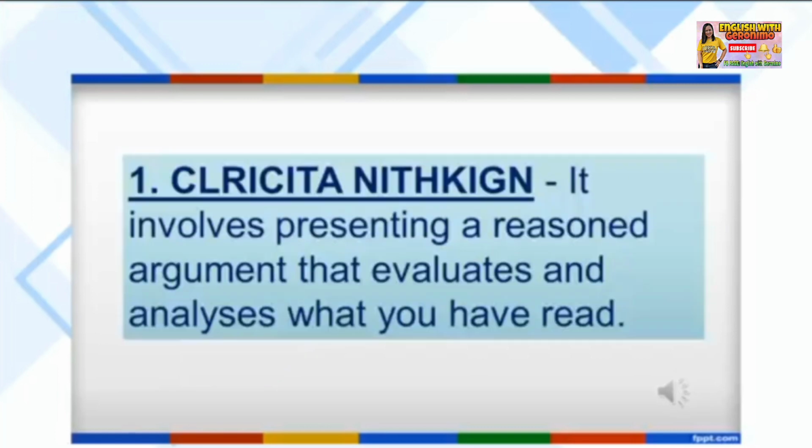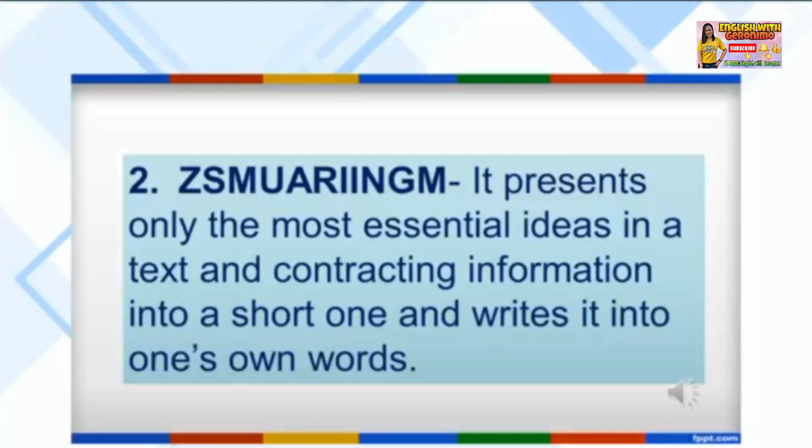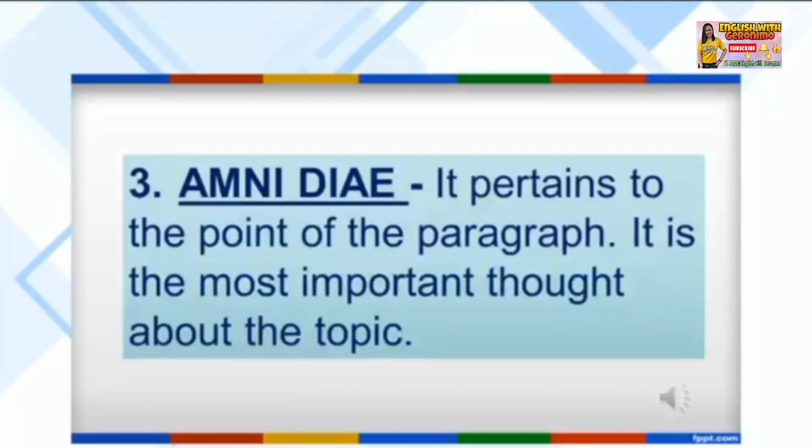Number 1. This term involves presenting a reasoned argument that evaluates and analyzes what you have read. Number 2. It presents only the most essential ideas in a text and contracting information into a short one and writes it into one's own word. Number 3. It pertains to the point of the paragraph.